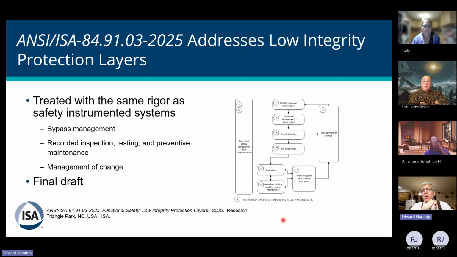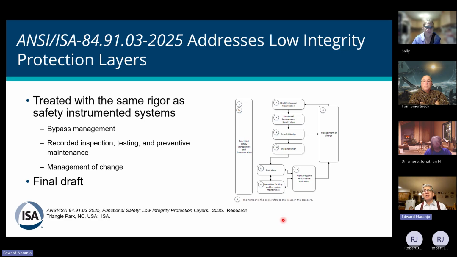Again, these low integrity protection layers are typically involved when there is, by definition, a very small decrease in risk reduction expected. That typically applies on things that do not have severe consequences.